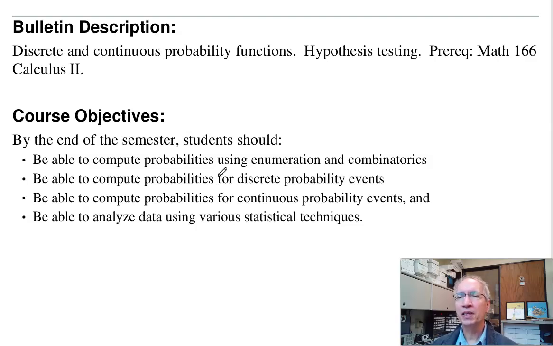The objective is by the end of the semester, you should be able to compute probabilities using enumeration, combinatorics. You should be able to compute probabilities using discrete probability events. You should be able to compute probabilities for continuous probability events. And, here's the important part, be able to analyze data using various statistical techniques, specifically t-test, chi-square test, and f-test.